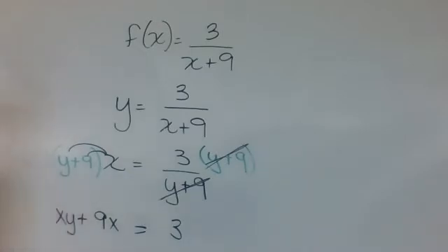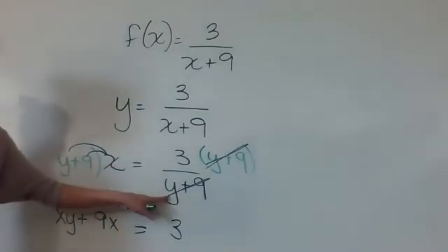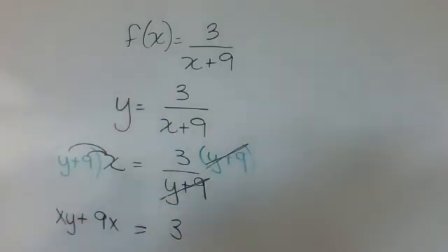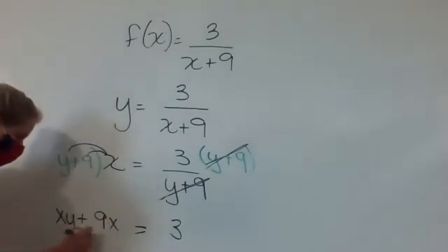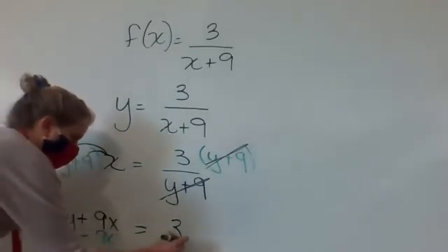At least it's not in the bottom of a fraction anymore, like it was in the beginning. Now I just do my equation solving steps to get this y by itself. Remember, the hooked on thing goes away last. So the first thing I need to do is get rid of that plus 9x with a minus 9x.